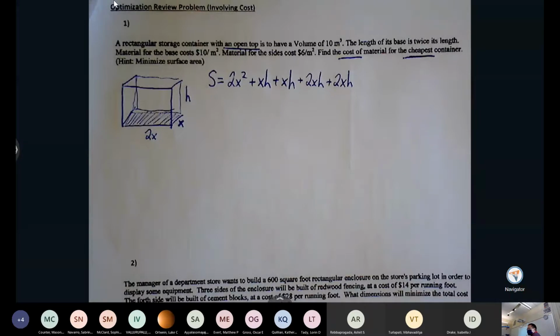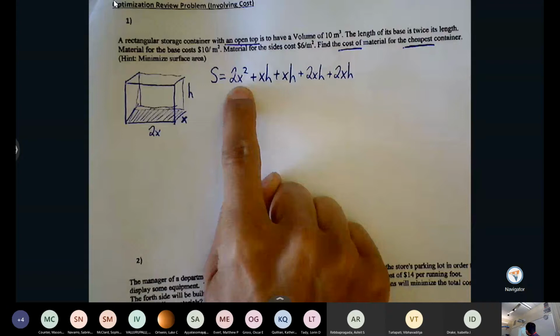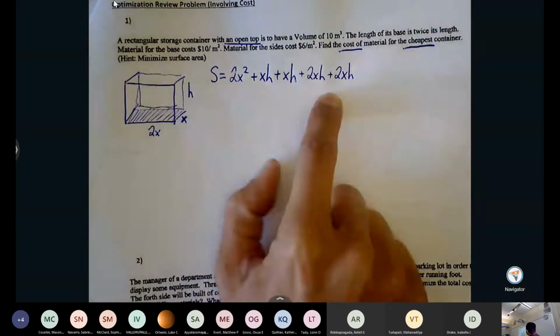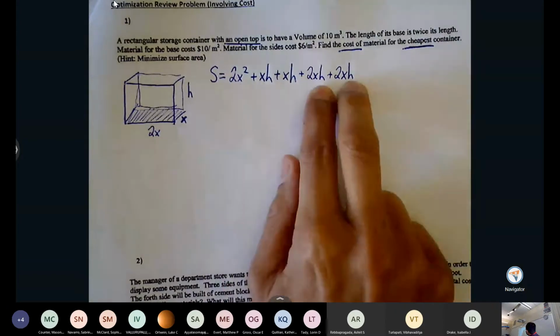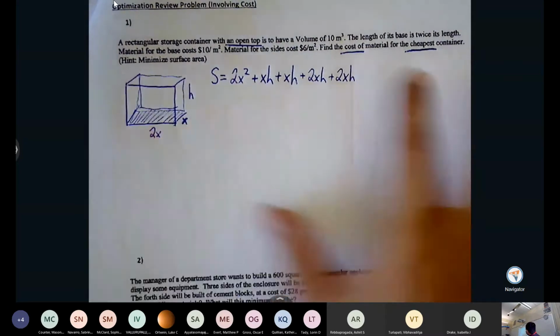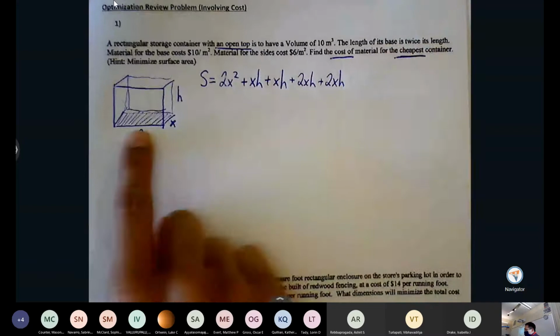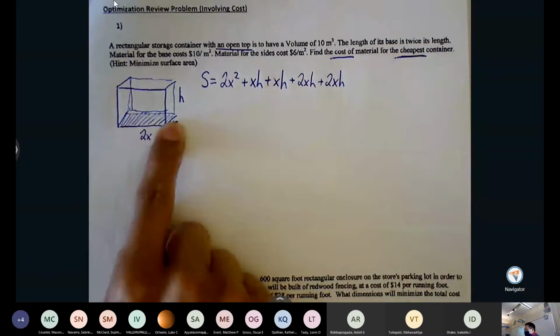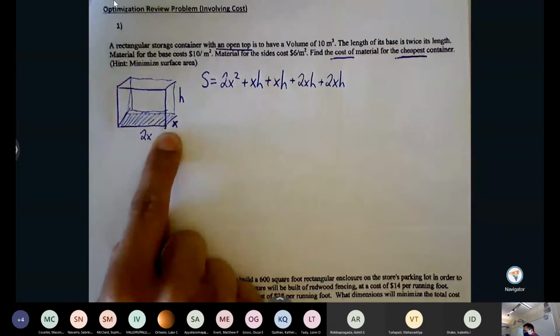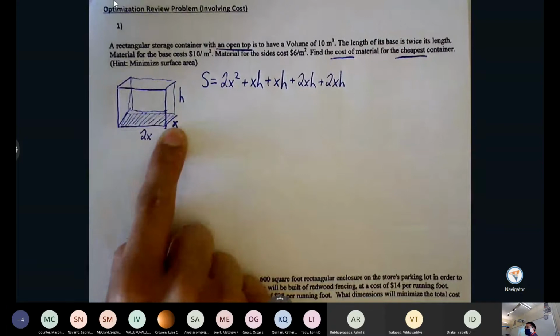Yes. Just to clarify this, where did the 2 and the 2x come from? Right here. Oh, which one? This first one or this last two? I guess on the diagram. Okay, this right here. It says that the length of the base is twice its width. So we don't have a square base. We have a rectangular base, and one side is twice that of the other.